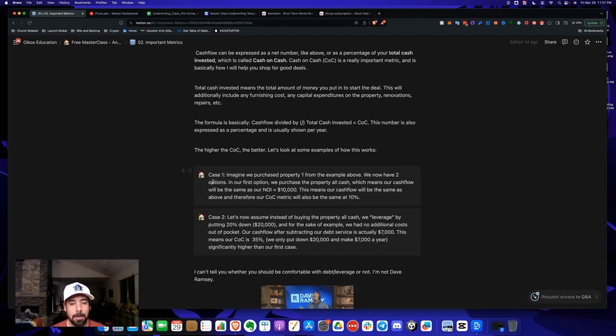Case 1. Let's imagine that we did buy that property above, and we now have two options. The first one is we can just buy it outright with all cash. So we're going to buy a $100,000 property. We're going to spend $100,000. Our NOI is $10,000. That means our cash flow on a yearly basis is $10,000.